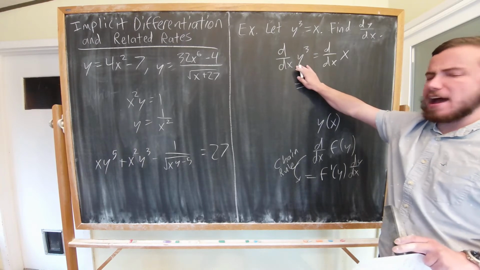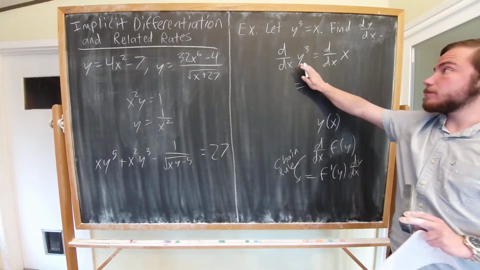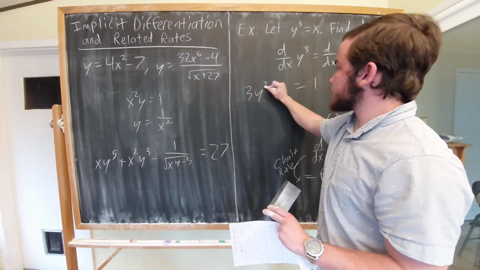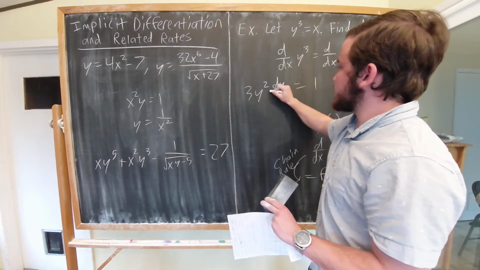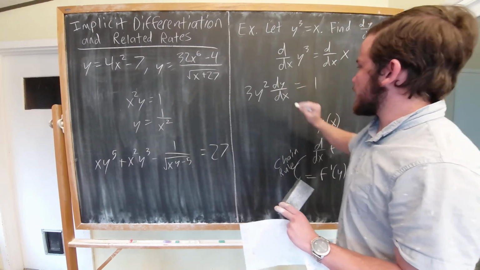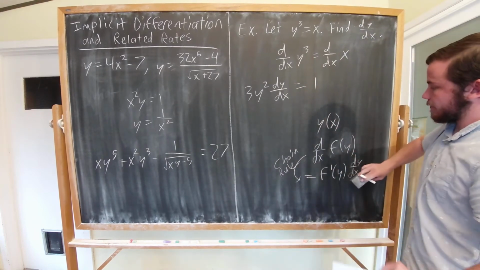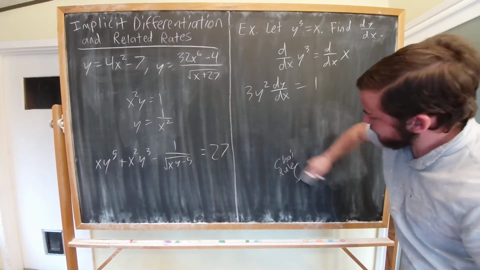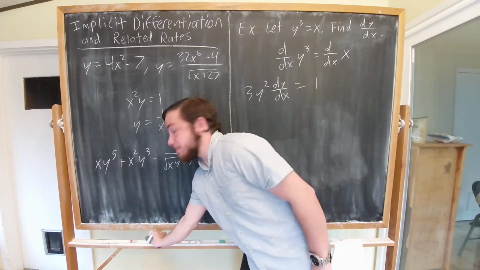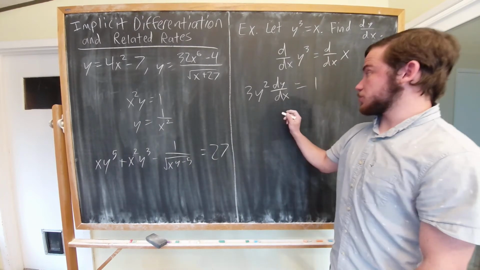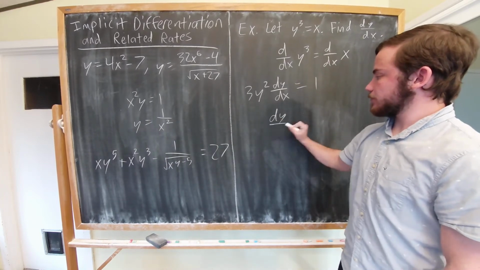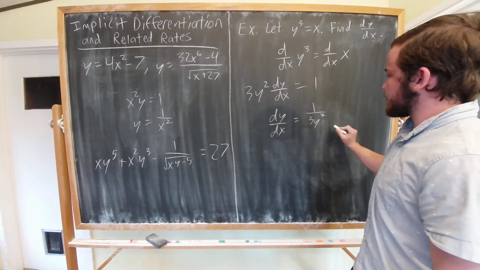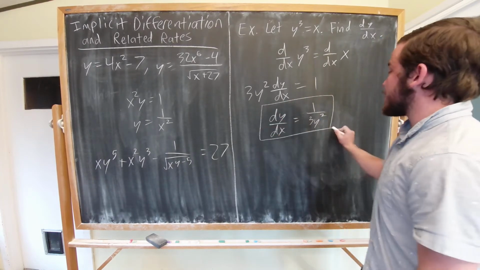Applying that knowledge here, by the chain rule, this derivative is 3y squared times dy/dx. And that's exactly what I want. I want my dy/dx. And I can get it by itself really quickly. Just divide both sides by 3y squared. So dy/dx is 1 divided by 3y squared. And we say that's done.